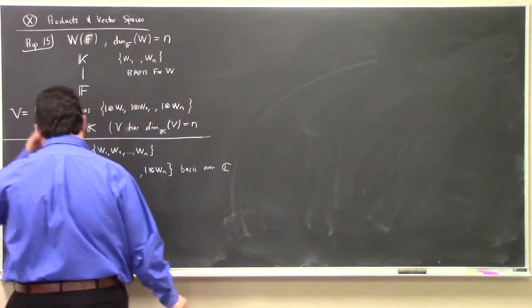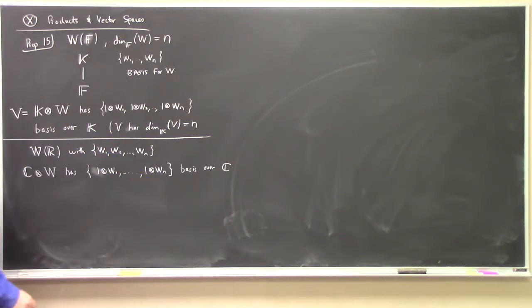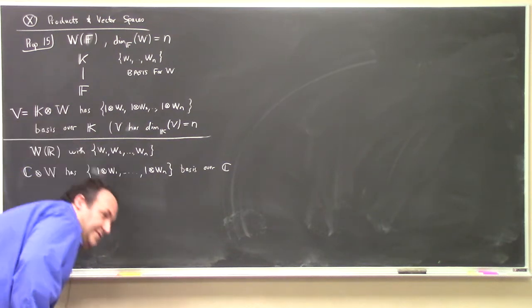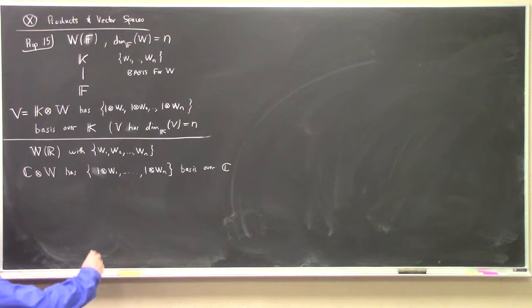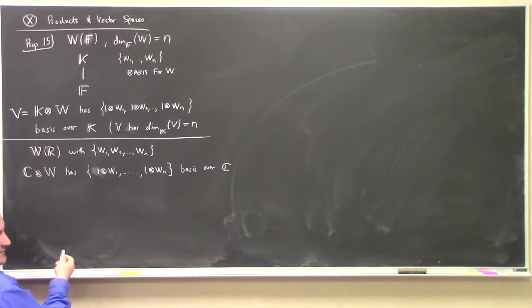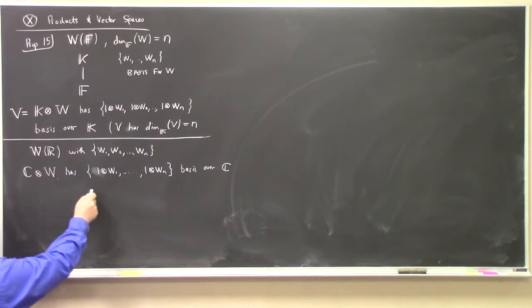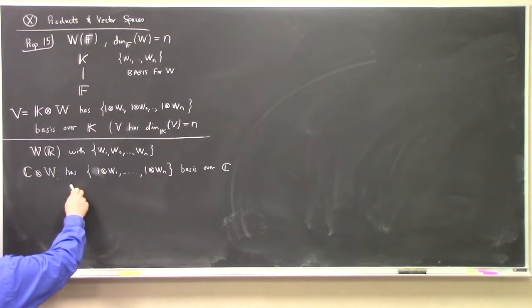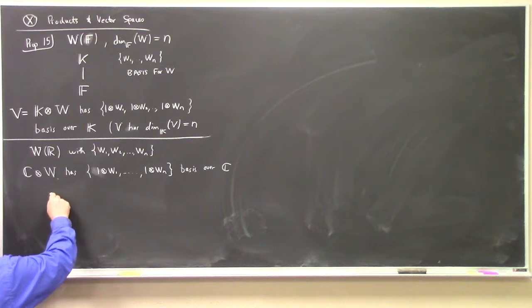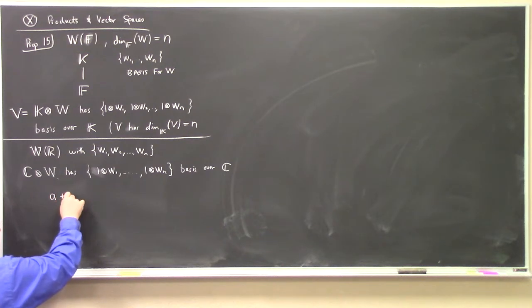Over C. Okay, so the main issue here is how do you get the complex scalar multiplication on your complex vector space? Let me stop and explain how that works. What's a typical thing in C tensor W? I have to explain how to multiply a plus ib.